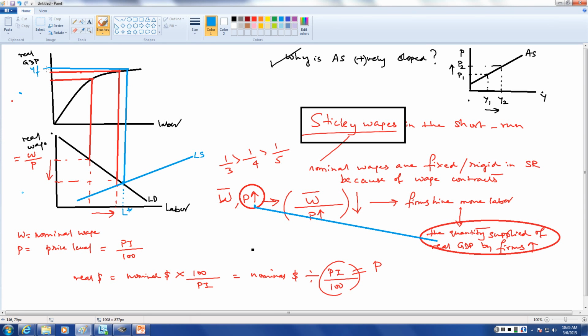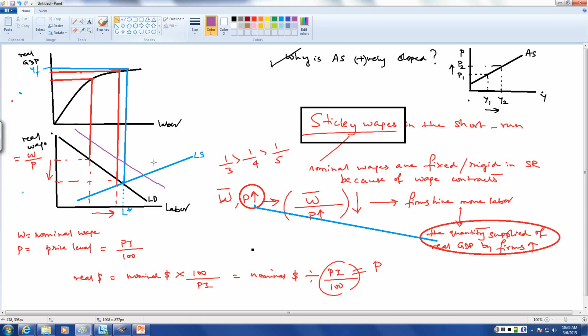What might that be? Well, one reason might be that an improvement in technology makes workers more productive. So if we have an improvement in technology that makes workers more productive, what happens to the labor demand curve in this diagram? The labor demand curve shifts to the right. You see, with more productive workers, workers become more attractive to firms. Firms hire more workers. So what happens to the full employment level of employment then?